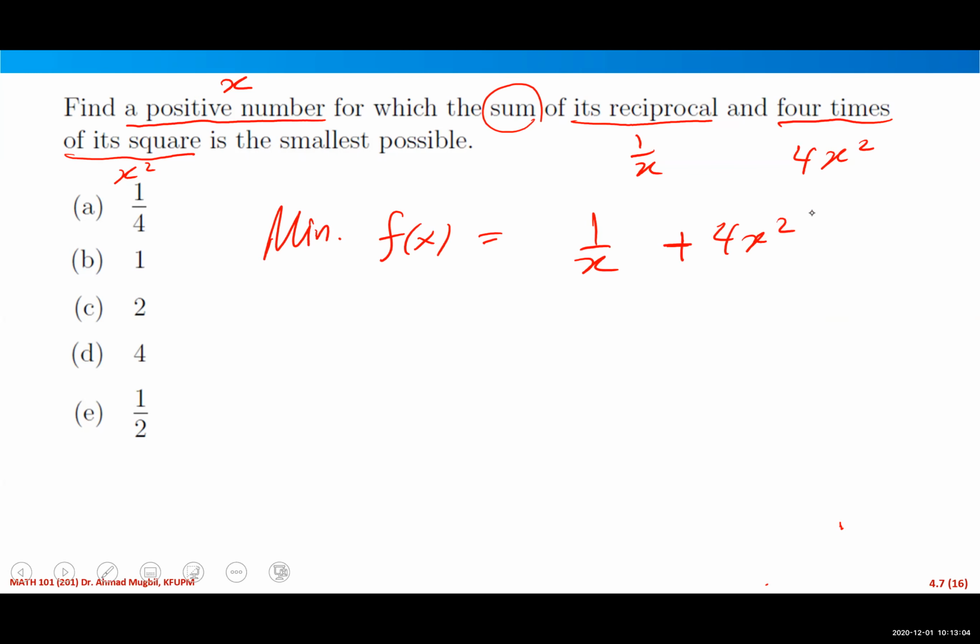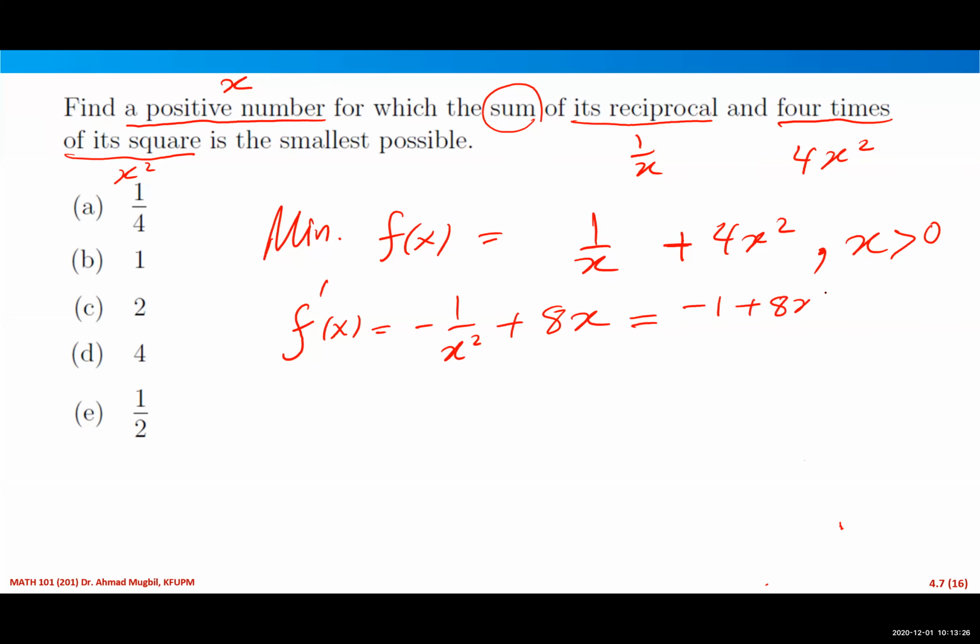So easy, Shabab. Of course, here what we know about x is that x is greater than 0. It is a positive number, so the domain is from 0 to infinity. What we will do is just find the first derivative, which will be negative 1 over x squared plus 8x. Now we will just simplify it. It will be negative 1 plus 8x cubed over x squared.